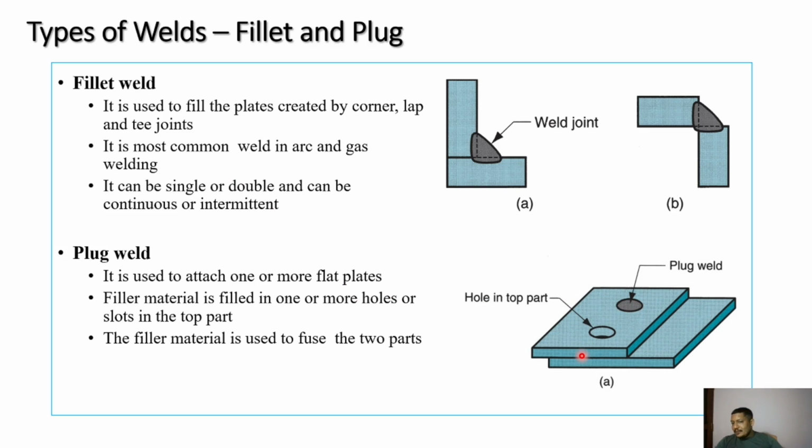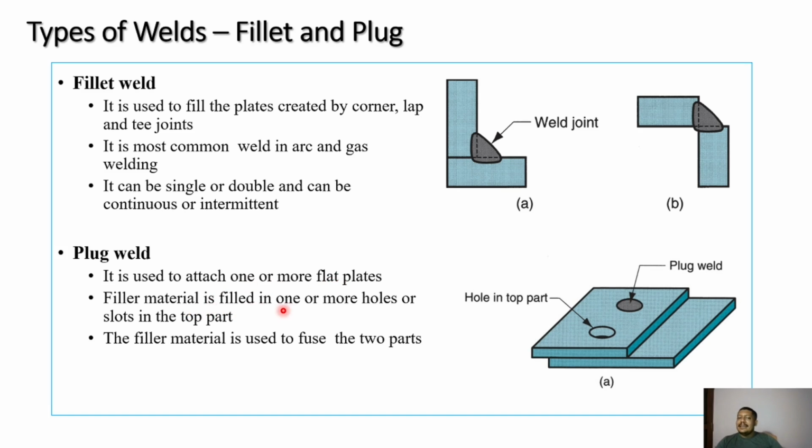In plug welding, this is a plate in a lap configuration where I have drilled a through hole between my two plates, one here and another here. Now the complete cavity of the hole I am filling with the molten metal, that is called the plug welding operation. So it is used to attach one or more flat plates.